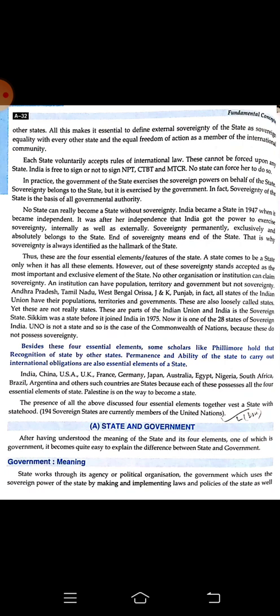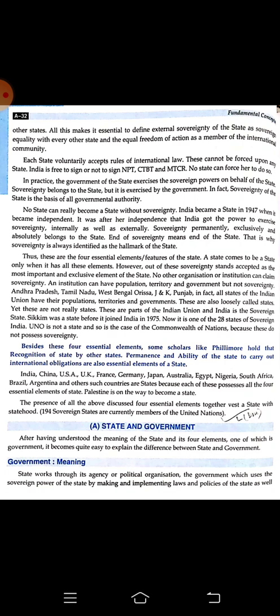The government maintains law and order and the security and integrity of the state. Each government performs law making, law implementing, and law judging functions on behalf of the state.